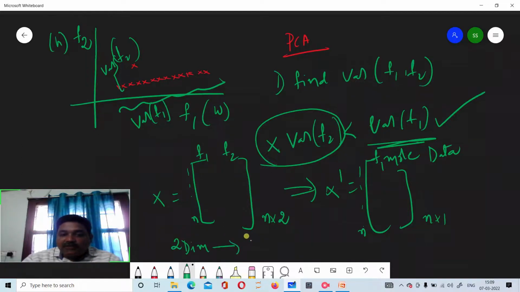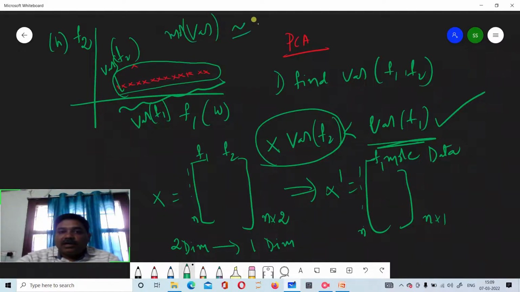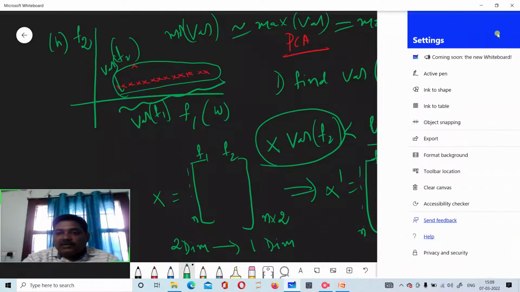This is the way two-dimensional data is converted to one-dimensional data. These are very simple data set points. The simple way is variance: the more variance, or the maximal variance, the more information is stored. That is the fundamental idea of going from two dimensions to one dimension.